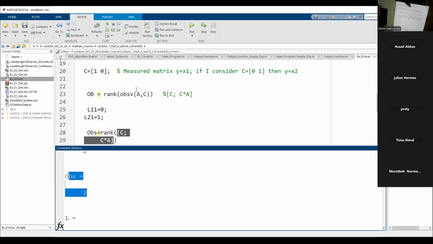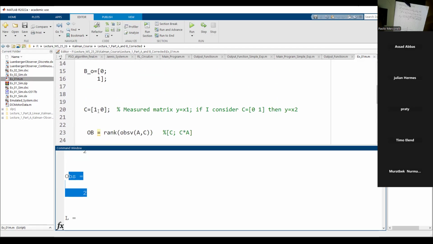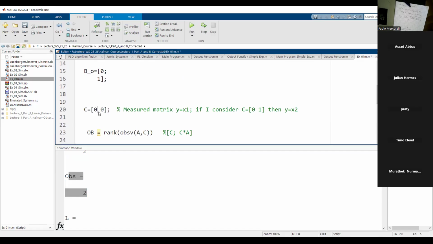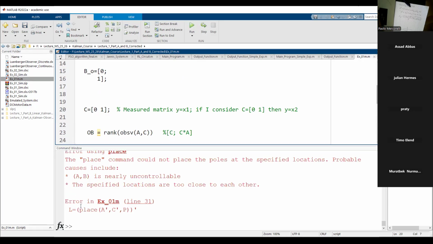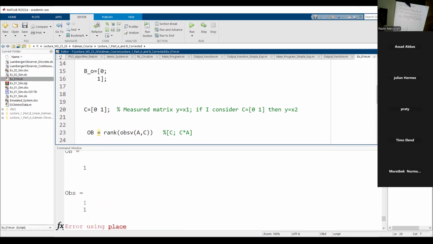If I measure the second variable, we will obtain some error, because we cannot directly build the observer. But we will see that the rank of the observability matrix will be 1. Look, you have seen. This means it's not full rank, because full rank means 2, since the number of states equals 2.